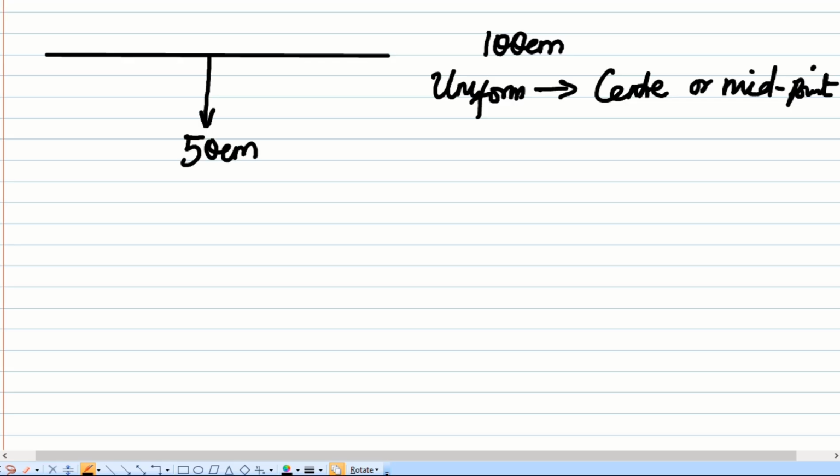You don't need to be told. Anytime you hear uniform rod, uniform rule, uniform whatever, the weight is going to be acting at the midpoint of that object. Please take this into account.